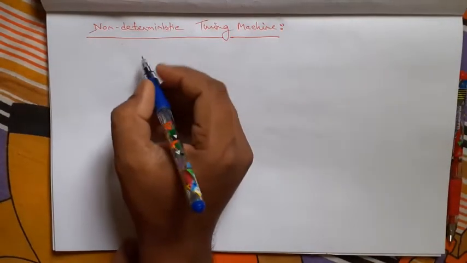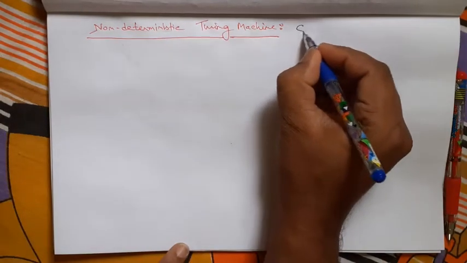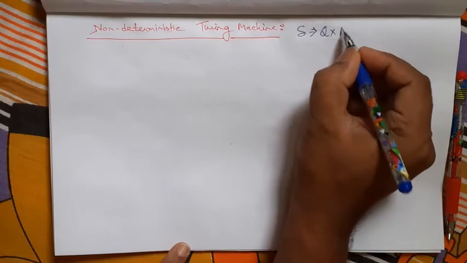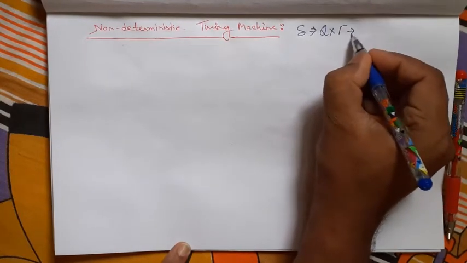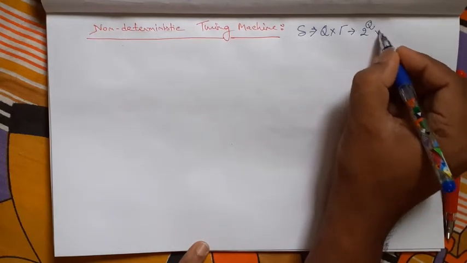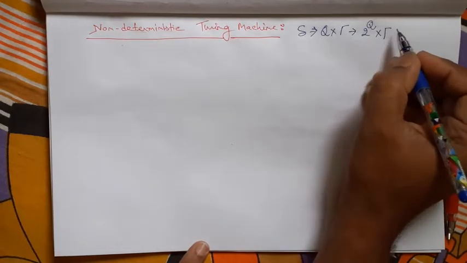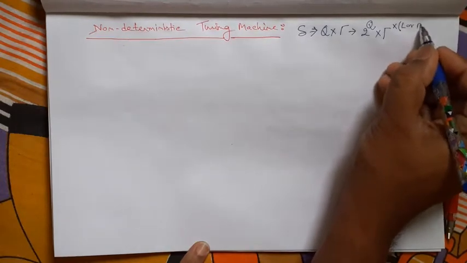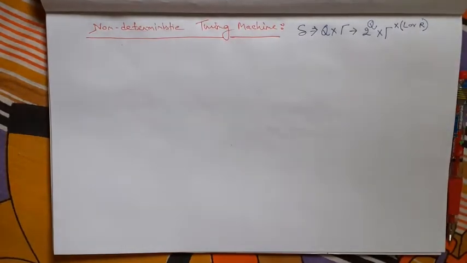What is the transition in this case? Delta will be Q cross Gamma to the power set of Q cross Gamma cross L or R. So this is the transition function regarding the non-deterministic Turing machine.